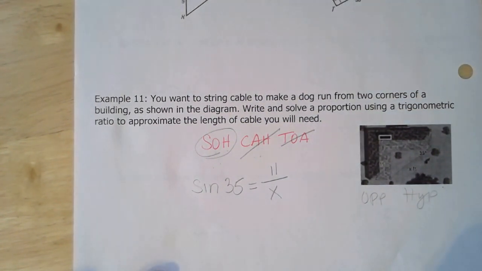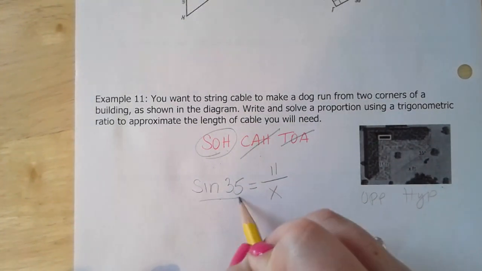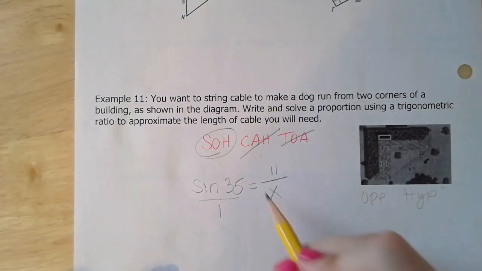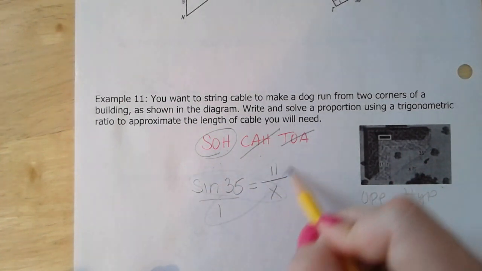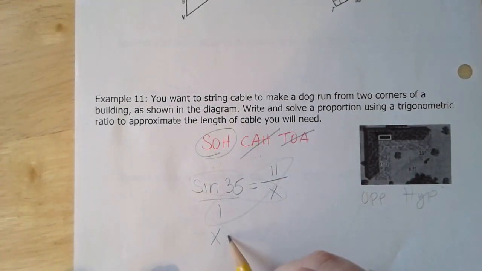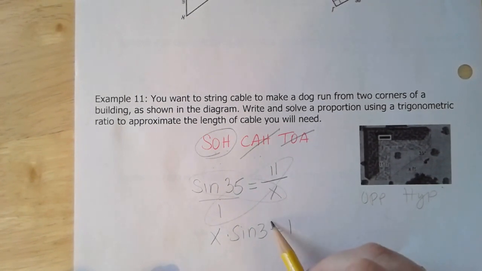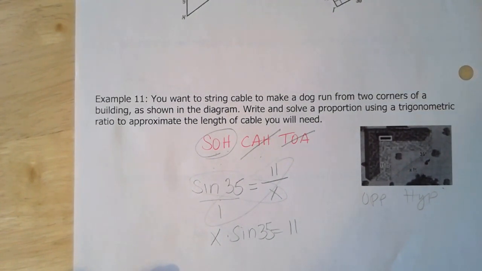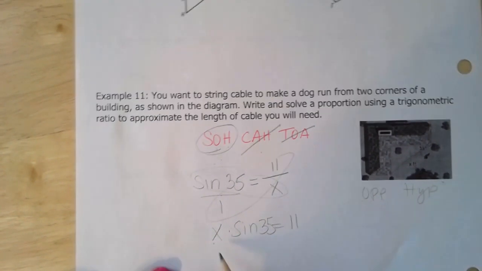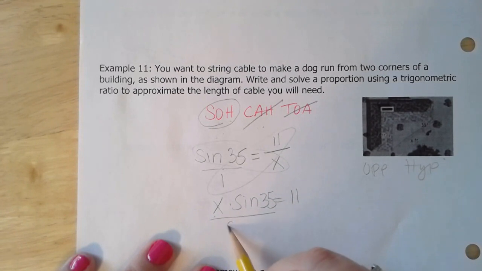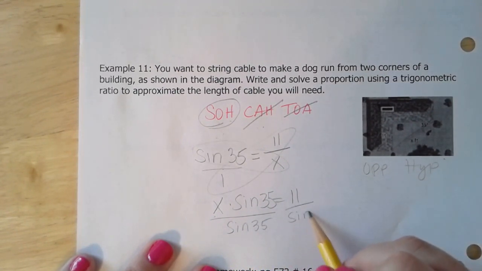And we're going to solve this like we did before with our tangent problems. Cross multiply. This is over 1, and we multiply across. X times sine of 35 will equal 11. We have to get x by itself, so divide by sine of 35 on both sides.